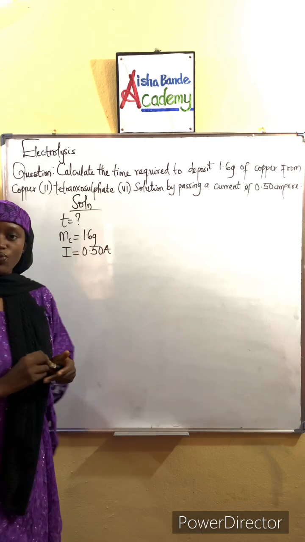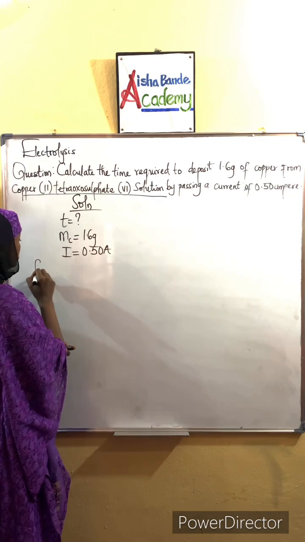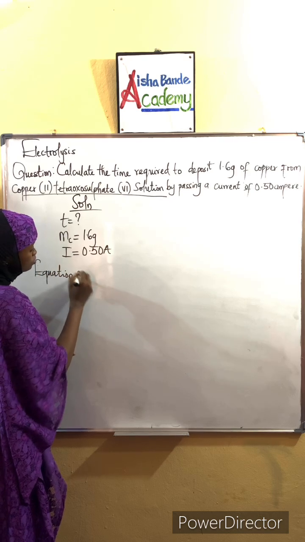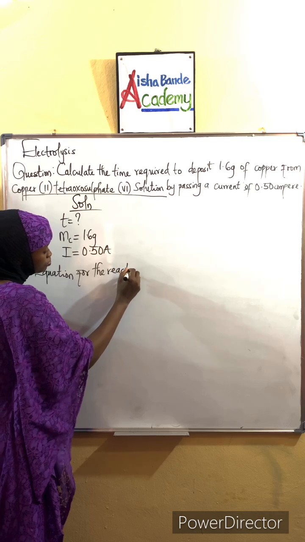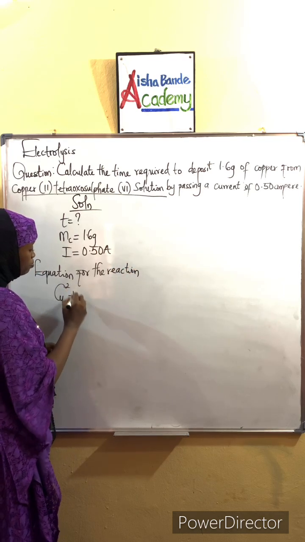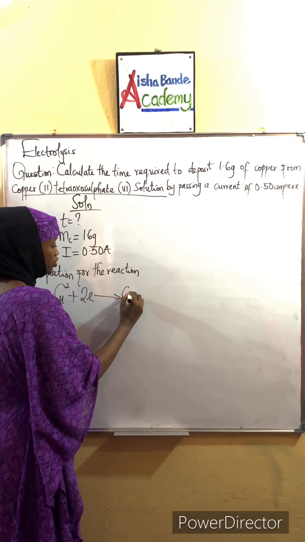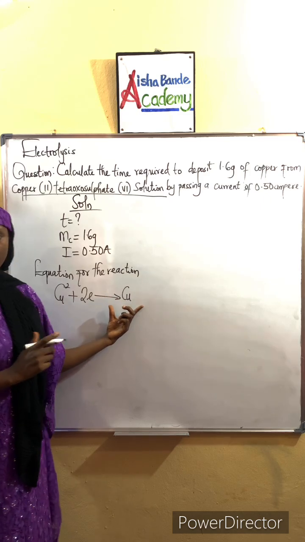The next step we need to do is to write out the chemical equation. The equation for the reaction is going to be Cu2+ plus 2 electrons, and this produces Cu. So this is the chemical equation for the reaction.